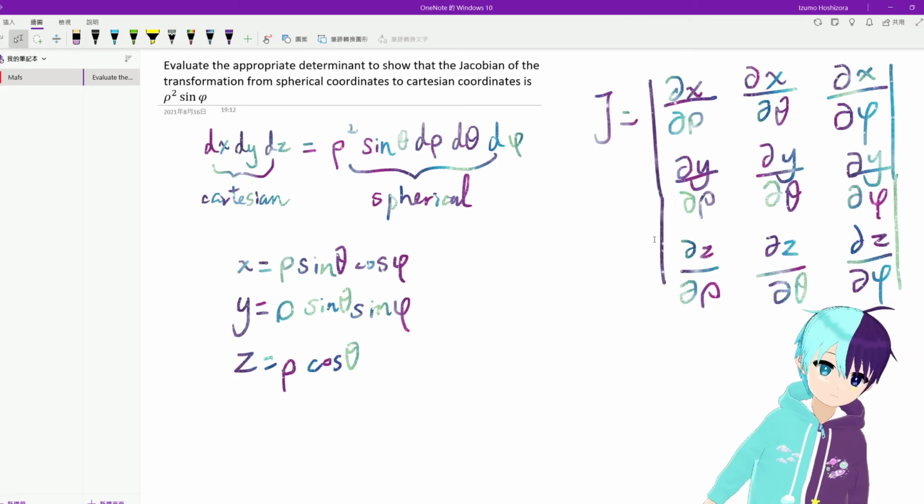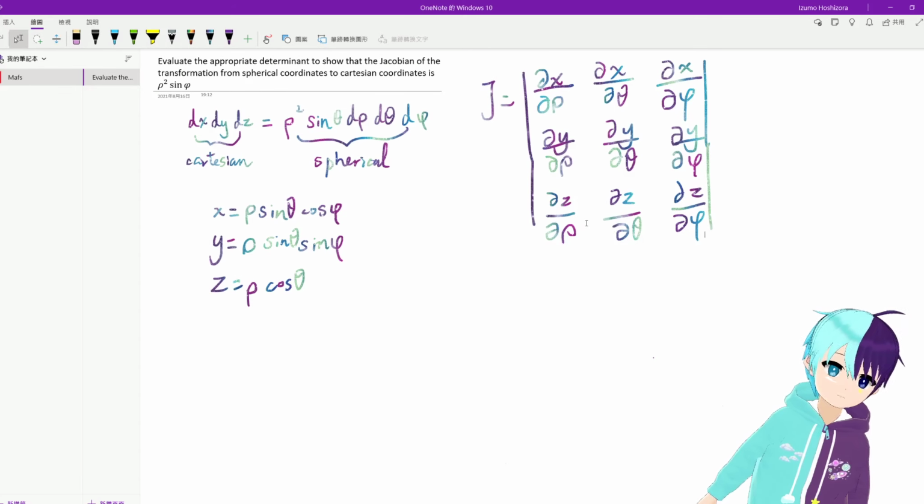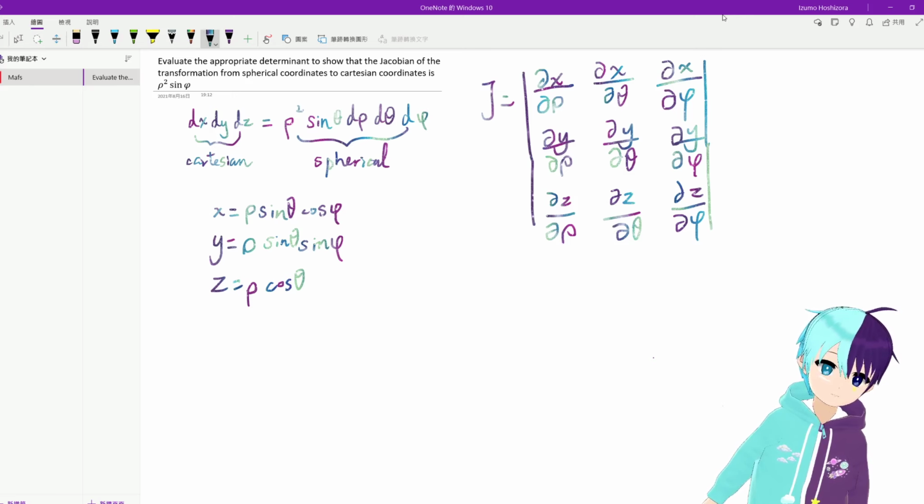It would be something like this. So we have to know each of these partial derivatives. Let's try to compute them one by one.